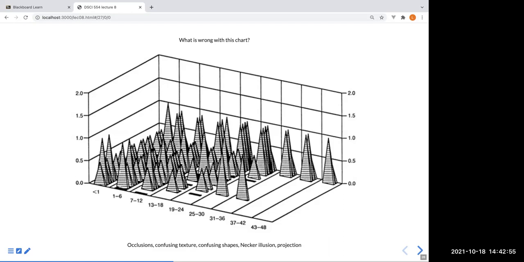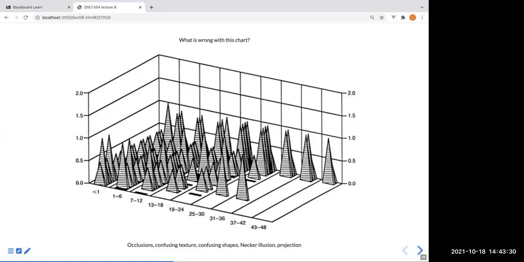So here they tried to make the depth as small as possible, and then they cut out something like this, right? And the result is not brilliant because it's very difficult to compare the height of these bars in 3D based on the shape that they have, right?